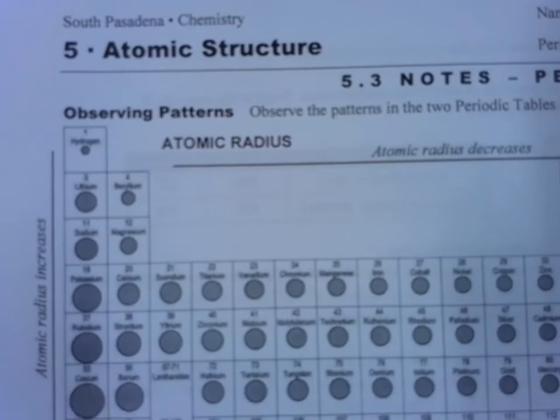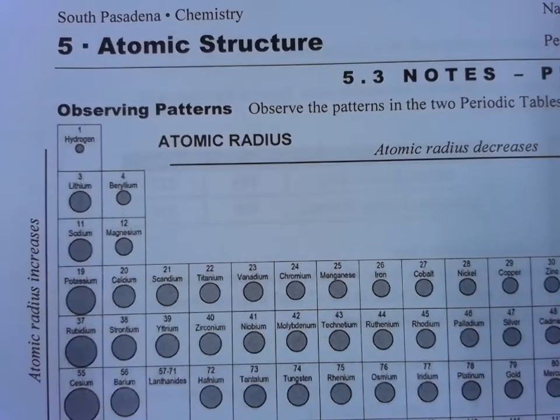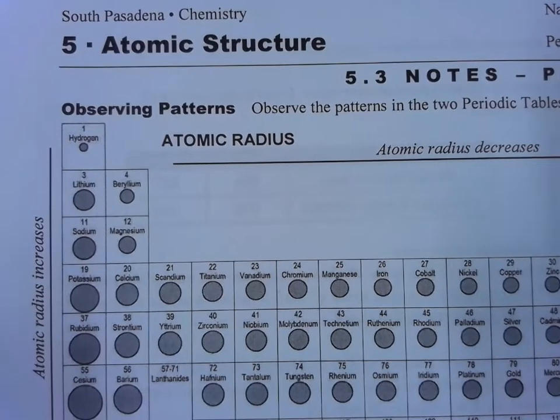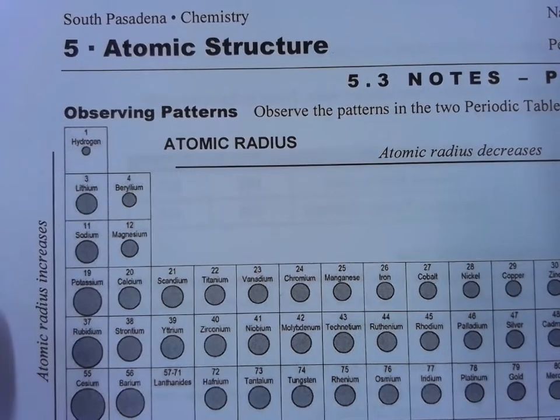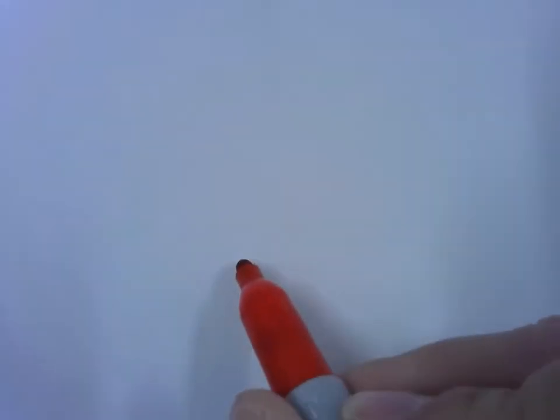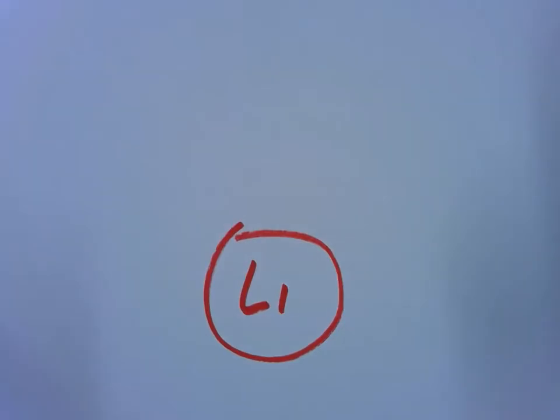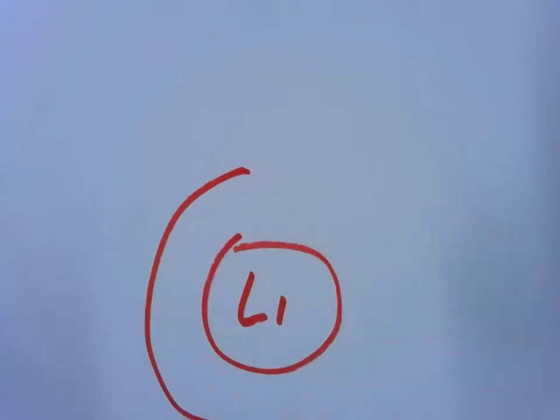Let's look at lithium versus sodium. This one's pretty intuitive, why the radii get bigger. I'll draw out the Bohr model here. Oh, actually, you don't have to, let's just watch. Here's lithium, Li, and it's got a grand total of 3 electrons.